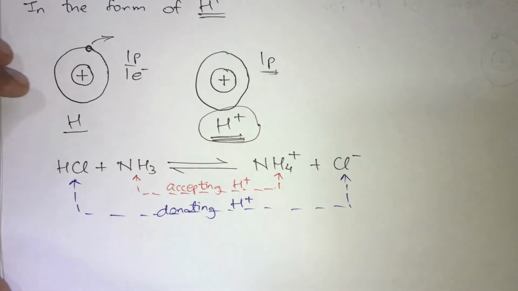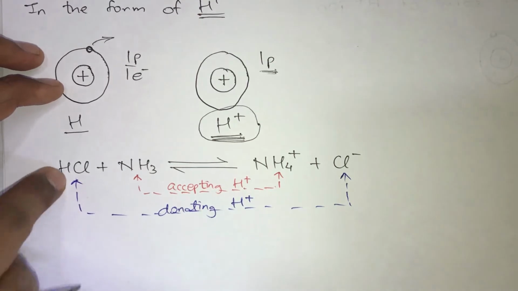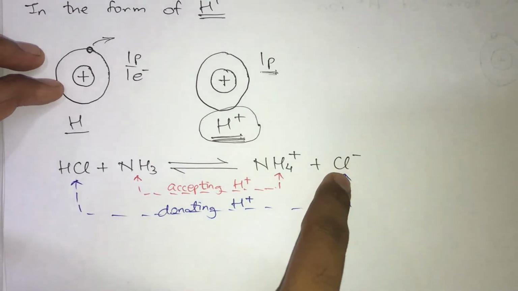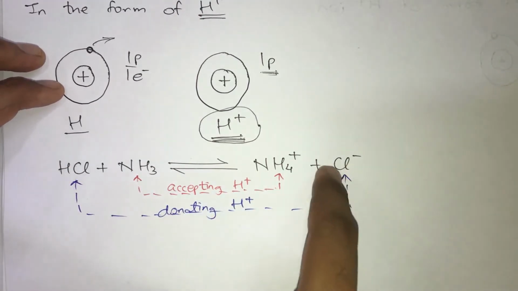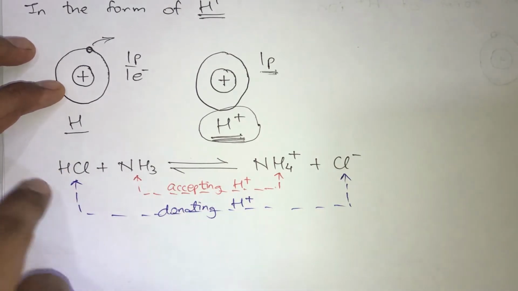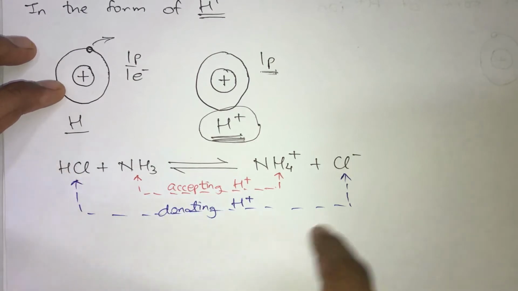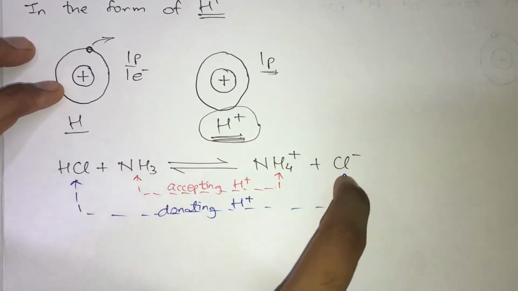Why is it donating H plus ion? Because from this HCl, this H is removed and it turns into Cl, and since Cl is carrying a minus charge, therefore not only H but H plus charge is being donated by this HCl and it got converted into Cl minus.